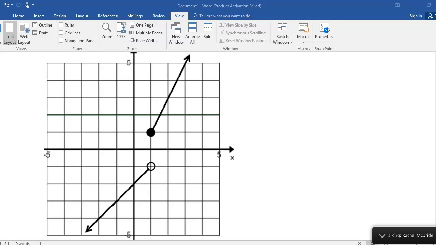So if you get one like this, then this is technically two kind of equations. You need to identify the breaking point. So what value of x do these two graphs break at? 1.